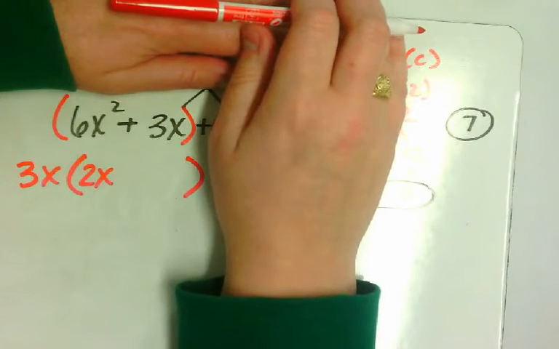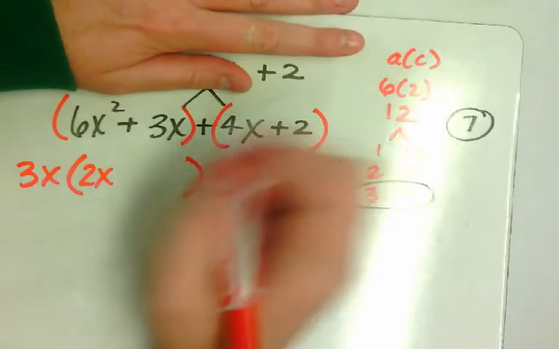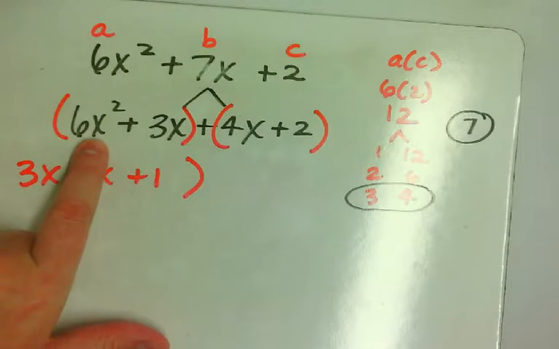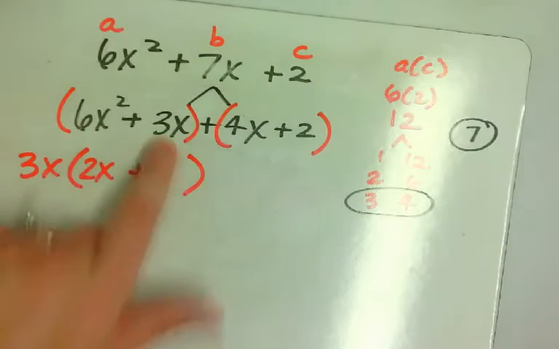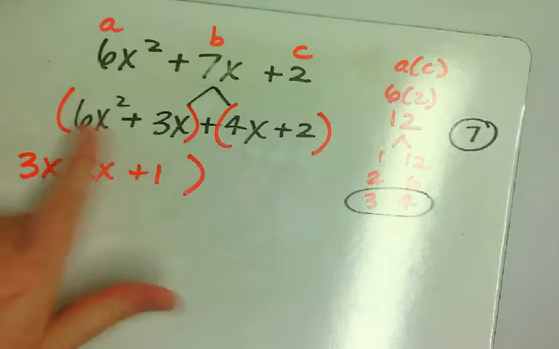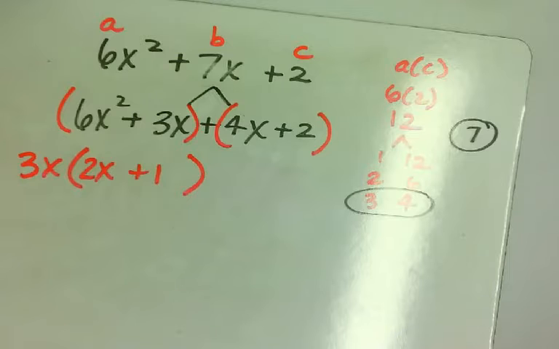And 3x times what gives me 3x? 1. And I can check myself. I can do 3x times 2x to get 6x squared, and 3x times 1 to get 3x. Yes, ma'am? Can you take a 6 from a 3? You have to take the greatest thing they have in common.